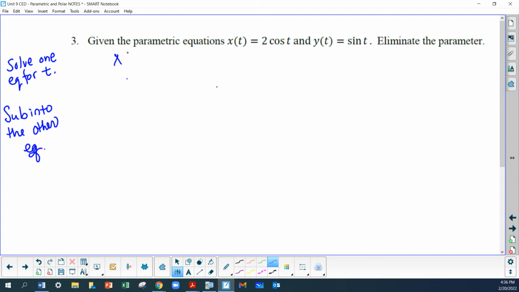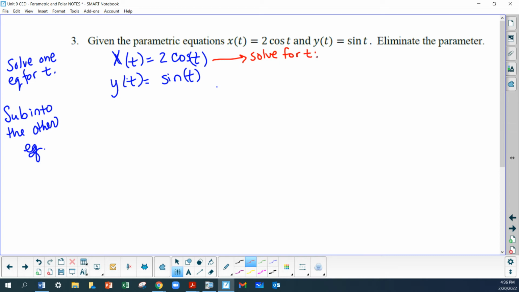I'm going to bring my workspace here, update it with the two equations, and then consider which one I may want to solve. I still think I'll solve for x because it's not that hard. So first thing I'm going to do is solve for t. That would be x divided by 2 equals cosine of t.